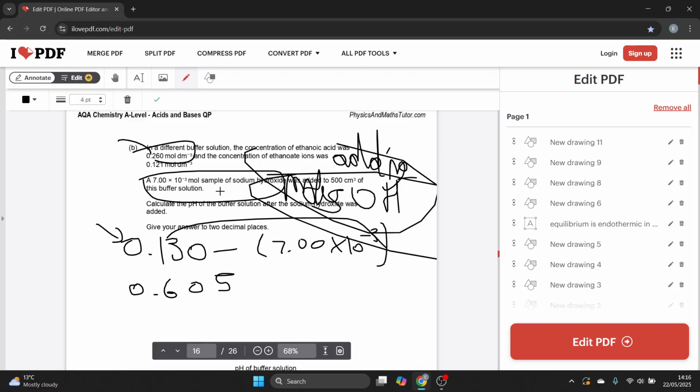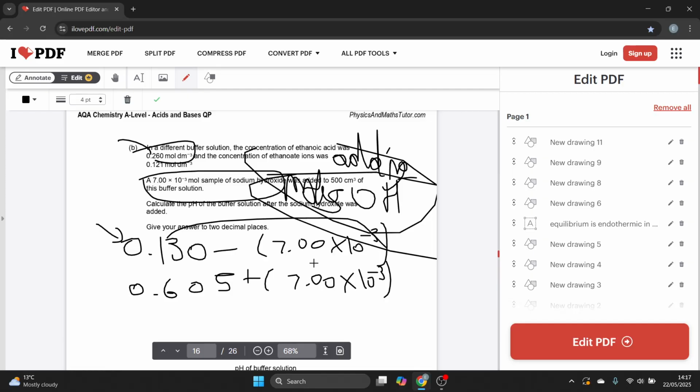And then the ethanoate ions, I'm just adding them on because they already had ethanoate ions. Once you've spotted which one you're subtracting from, the other one is always the opposite. So you could just memorize that fact. Then I get 0.123 and 0.0675 as the new moles.